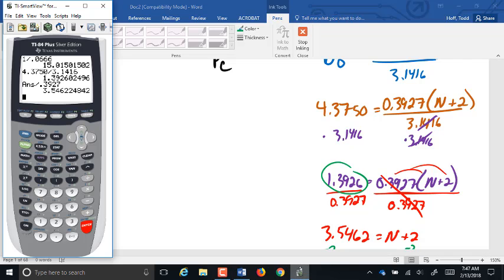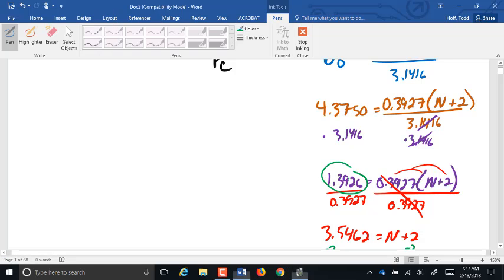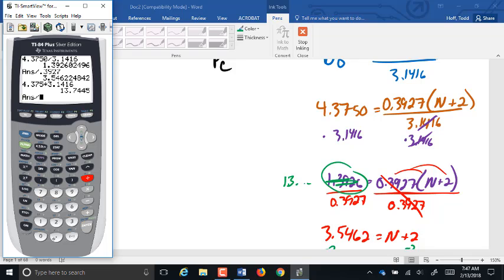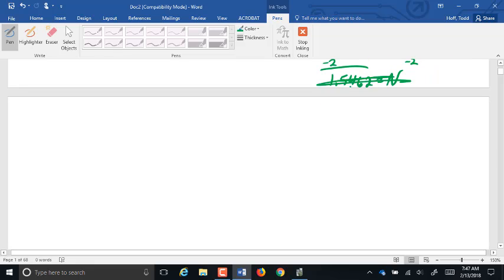So let's do this again. 4.375 times 3.1416. That's the problem. That should have been 13, not 1.3. I'm just going to keep it in the calculator. I'm going to divide by the 0.3927. That looks better. I get 35, then I subtract the 2. So 33 teeth. So that's much better. So n is 33.